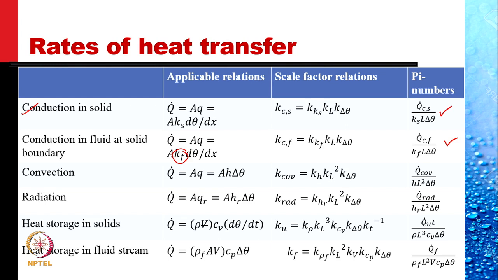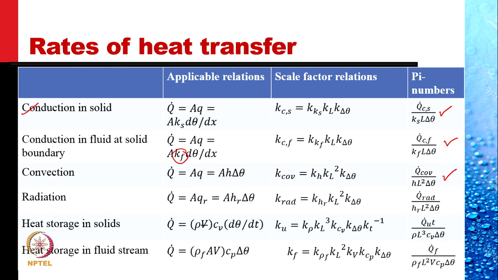The law governing the convection is Newton's law of cooling. Q dot is area times h times Δθ, where h is the heat transfer coefficient. Δθ is the temperature difference between the fluid and the solid boundary. So K of convection is K_h, K_L squared, K_Δθ, and this is the relevant pi number.